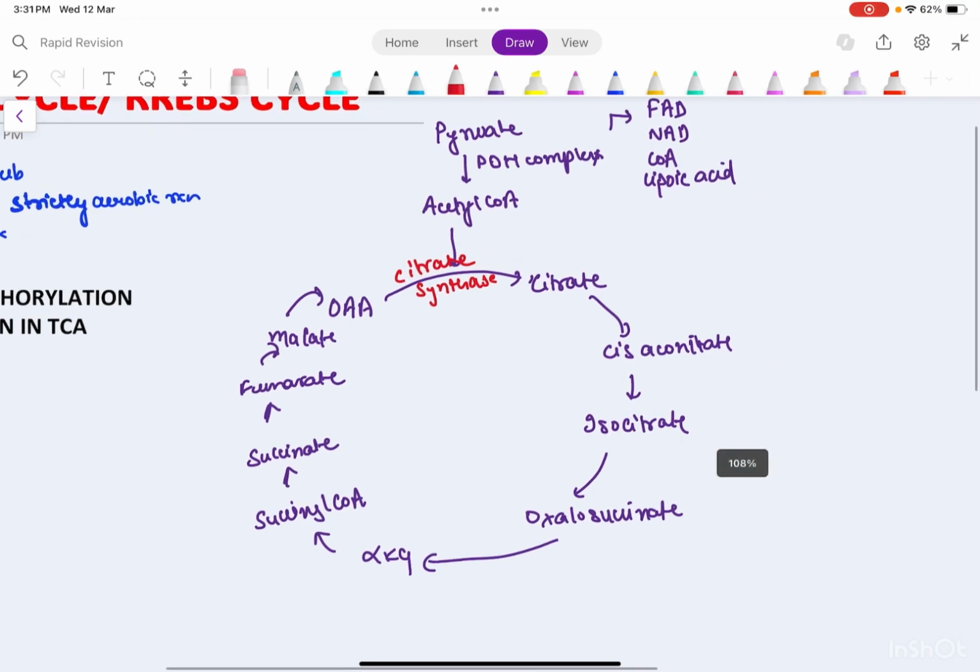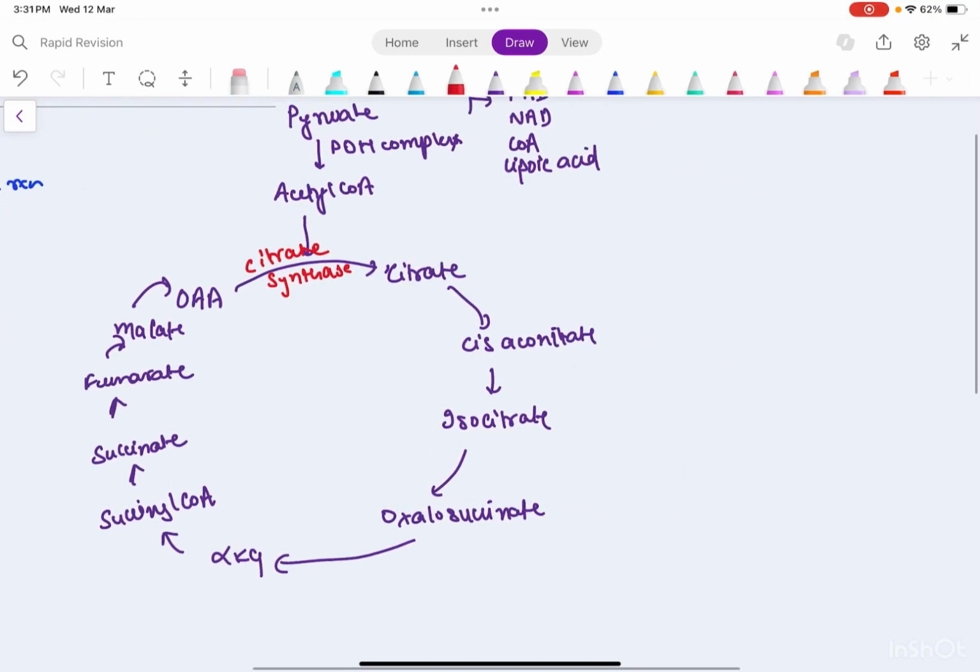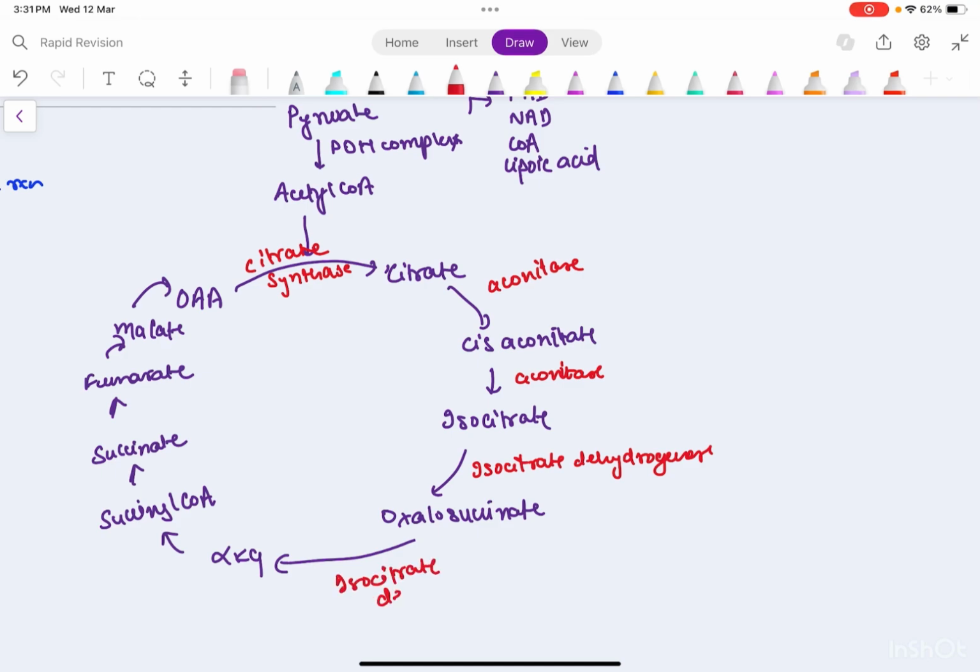Now let's just talk about the enzymes. So over here we have the enzyme as aconitase, here also aconitase. Then we have isocitrate dehydrogenase, here also isocitrate dehydrogenase. Then here we have alpha ketoglutarate dehydrogenase.